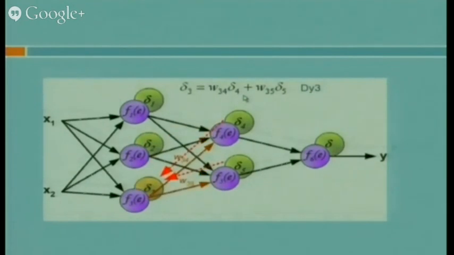Then delta 3: W34 into delta 4 plus W35 into delta 5, and the whole is multiplied, there is a bracket, the whole is multiplied by the derivative of this Y3. So now we have calculated delta at all the nodes.